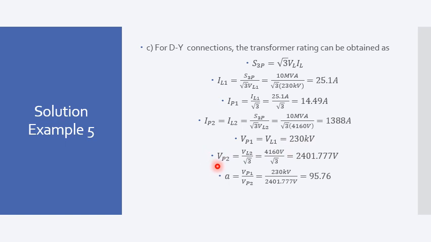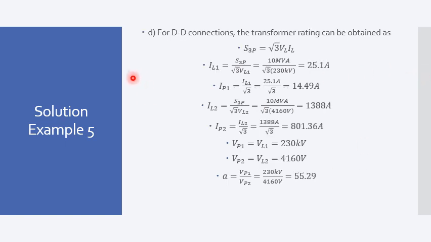For the phase voltage at the secondary side, the secondary side is in Y connection, so V line 2 divided by √3 is 2401.777 volt. And the turn ratio, we divide VP1 over VP2, which is 95.79.